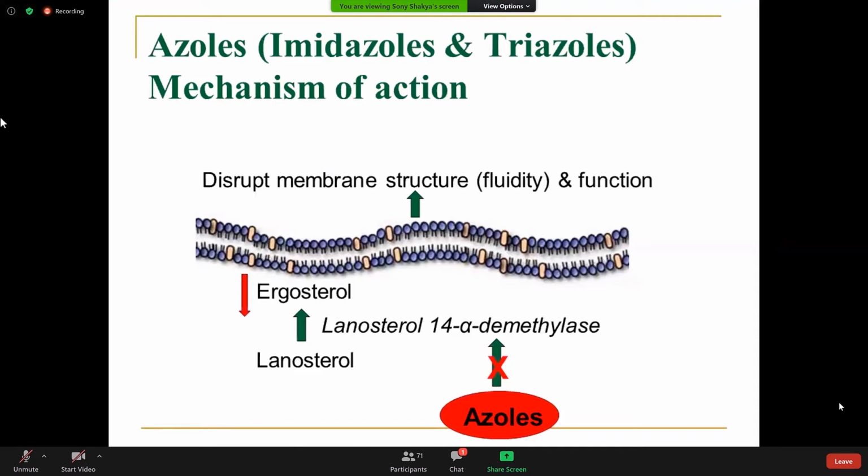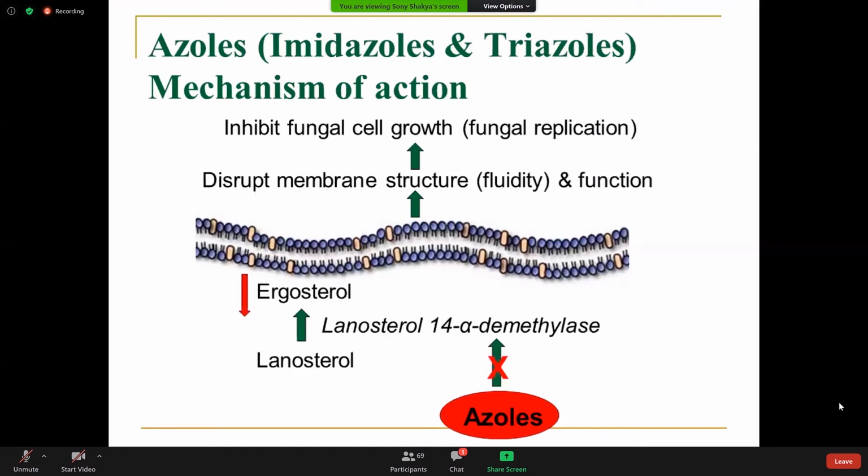As there is less ergosterol, which was supposed to be plentiful in the cell membrane to maintain its structure and function, in presence of azoles there will be disruption of the membrane structure. The membrane fluidity and function will not be maintained and fungal replication will cease. So, keeping it very simple, azoles inhibit the synthesis of ergosterol by inhibiting the enzyme lanosterol 14-alpha demethylase. So lanosterol won't be converted to ergosterol. Ergosterol कम हुने बित्तिकै weak हुन्छ cell membrane.